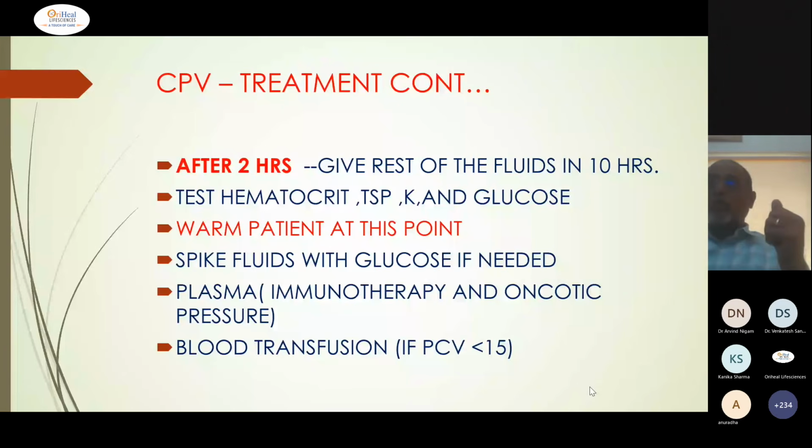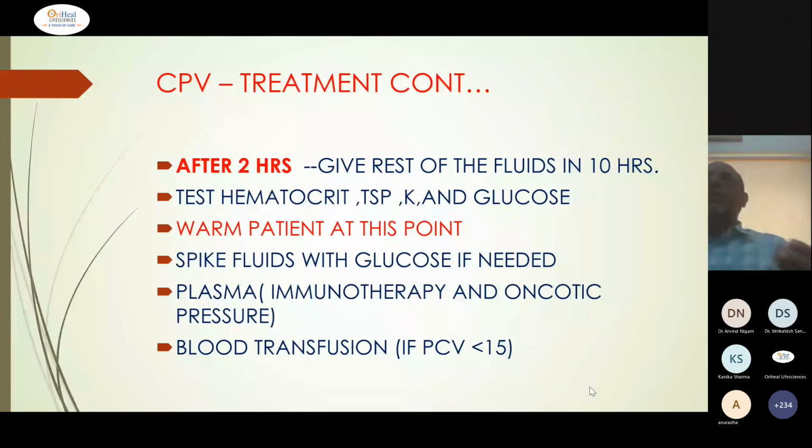If you have an opportunity to give plasma, excellent. If you don't have plasma, and the PCV is less than 15%, then you have to go for a blood transfusion. Otherwise, definitely there is going to be hypoxia, sepsis and more catastrophic events following. So you have to give a blood transfusion if the PCV is less than 15.